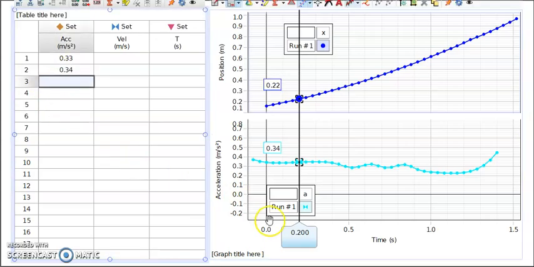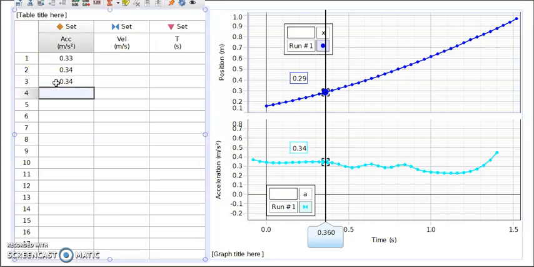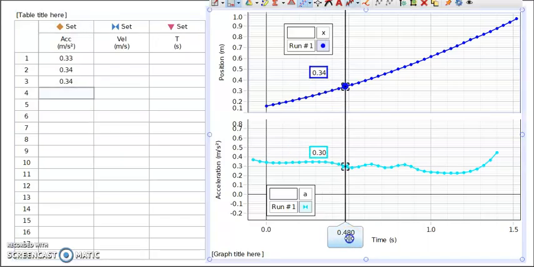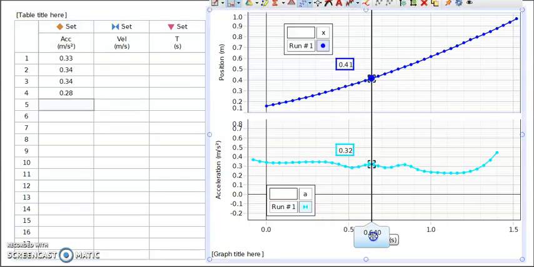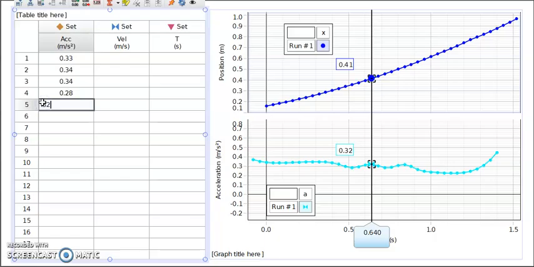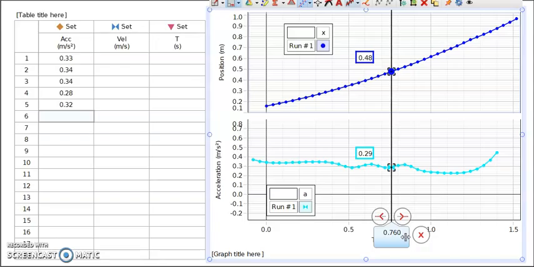And you're going to go ahead and write this data down into your lab book. 0.34, sorry, 0.34. That point there, that makes it 0.28. And our fifth point is going to be 0.32. Our sixth point is 0.29.